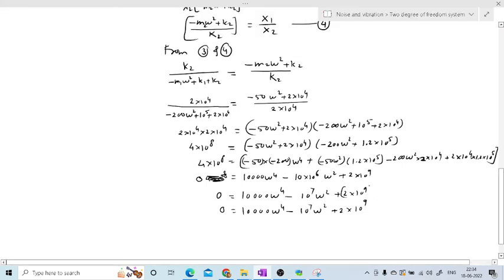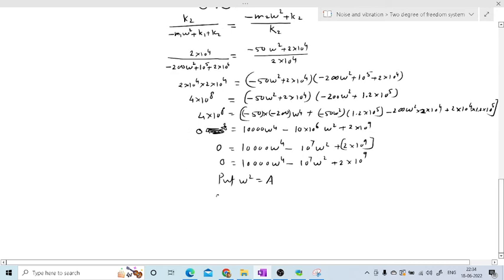Now to solve this, put omega square equal to a. So this equation will become a quadratic equation: 0 equal to 10,000 a square minus 10 raised to 7 a plus 2 into 10 raised to 9.